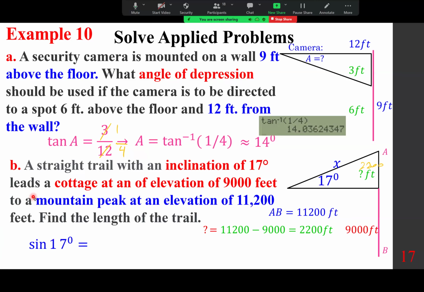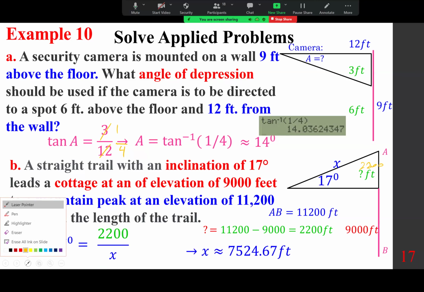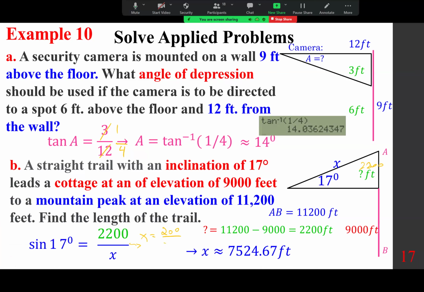Therefore, X is 2,200 divided by sine 17. Put it into a calculator. So let's just write that step: X is 2,200 over sine of 17 degrees. Okay, everyone? So that gives you the answer.